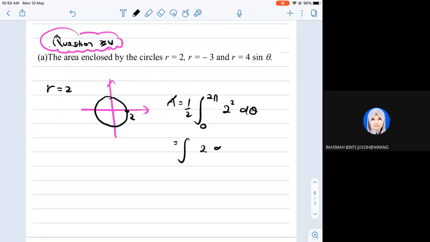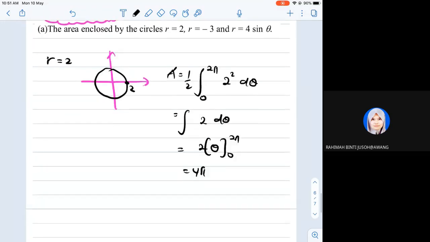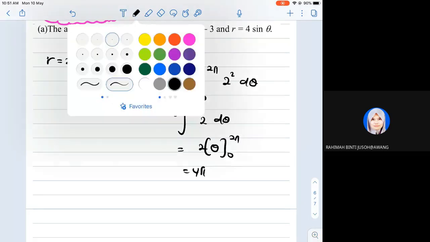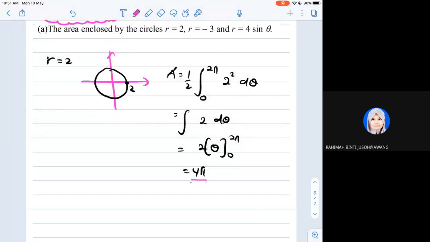4 so jadi 2 d theta. So 2 theta substitute 0 2 pi jadi 4 pi. Guys, kalau soalan macam ni, misal kata dalam soalan quiz ke nanti, dalam final exam ke, kalau you nak double check balik, in case kalau you punya region circle complete macam ni, kita boleh check dengan guna formula lah.